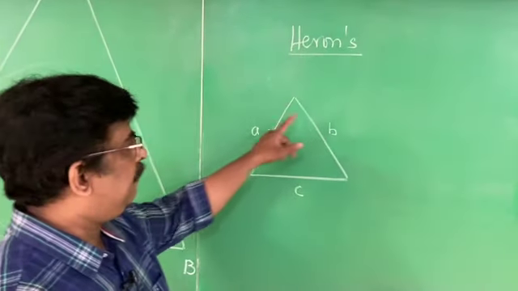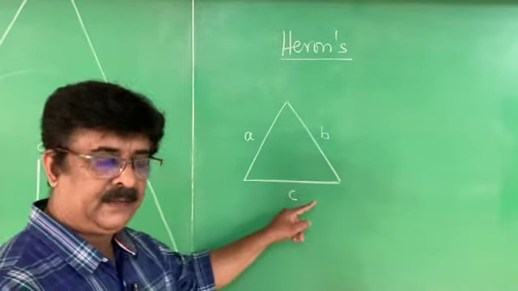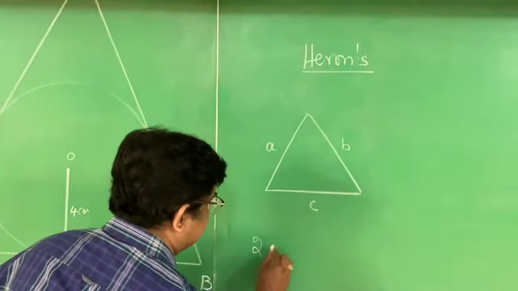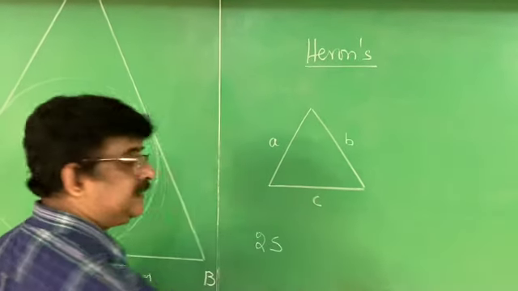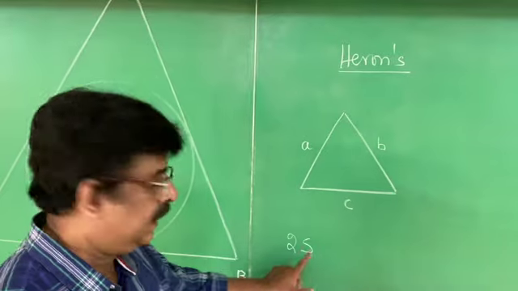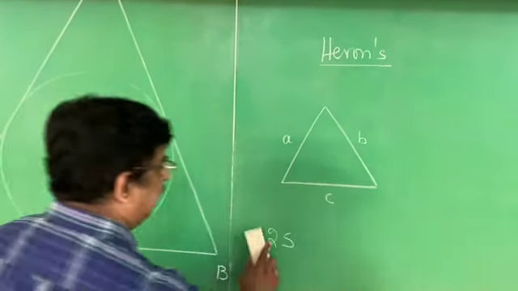When you add a, b and c, you get the perimeter. And the formula is 2S. S stands for semi-perimeter. Half of the perimeter is called the semi-perimeter. Therefore 2S, I can even write this as P.